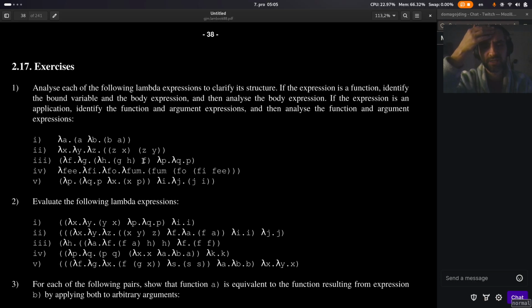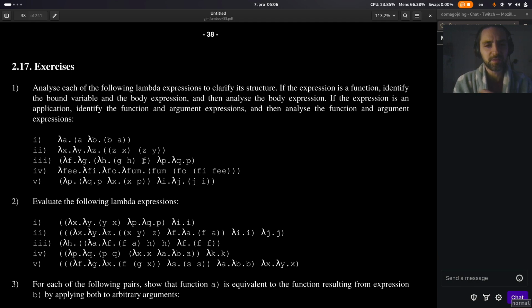If the expression is a function, identify the bound variable and the body expression, and then analyze the body expression. If the expression is an application, identify the function and the argument expressions, and then analyze the function and argument expressions.